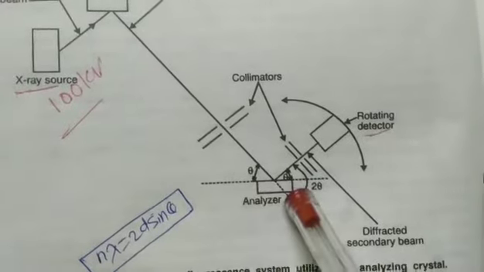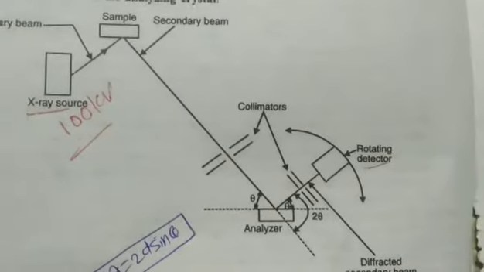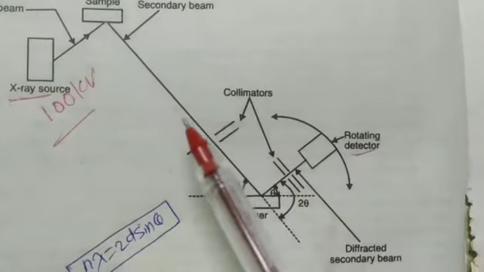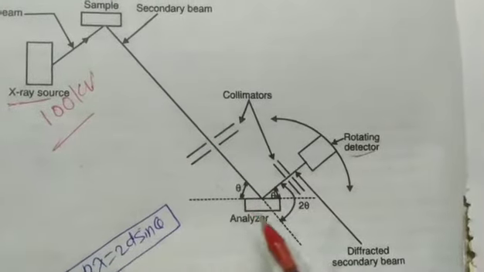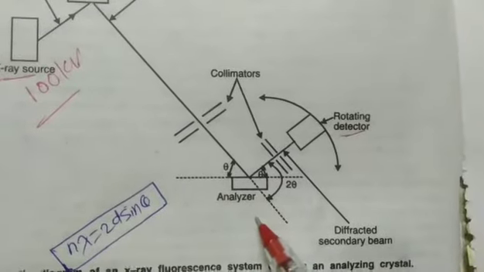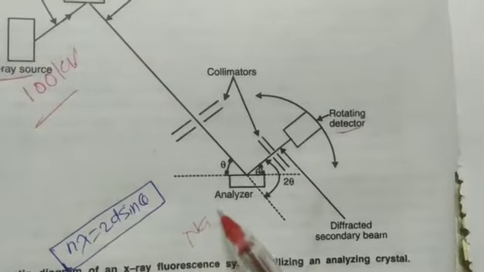Here we keep crystals. Before that, we use collimators. Collimators are used to remove the overlapping of the beams, so they insert it as a single beam. Here we keep the crystals. Crystals are made up of NaCl or NaF.